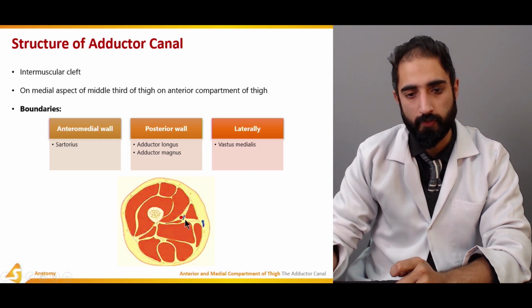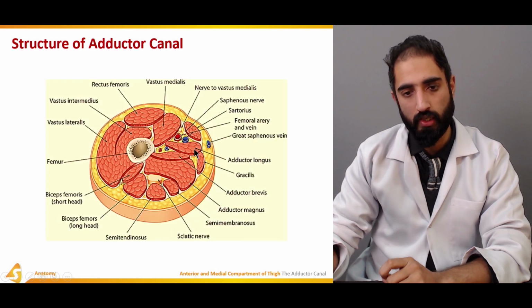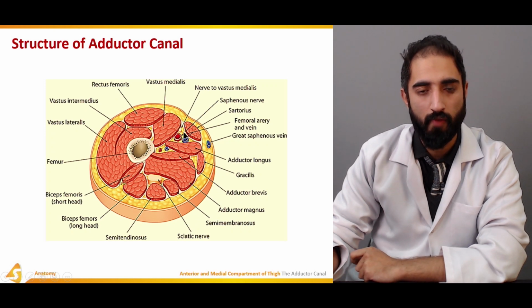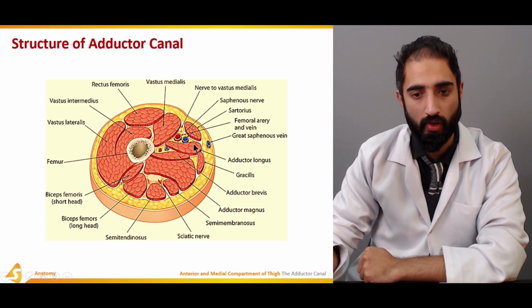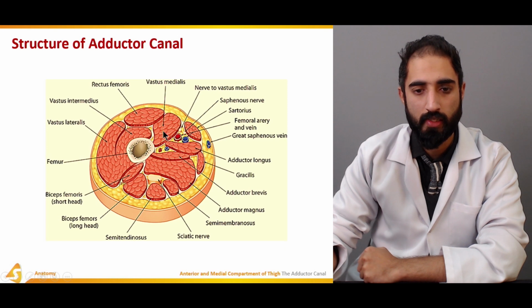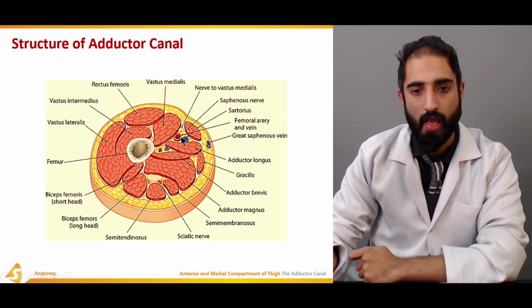As you can see in this picture, these are the structures passing here. So we are going to take a good look at this. We can see that here we have the nerves, arteries, and veins passing through the adductor canal. Here on the posterior aspect we have the adductor longus and adductor magnus, and this is the lateral aspect where we have the vastus medialis, and here we have the anterior aspect, which is the sartorius.